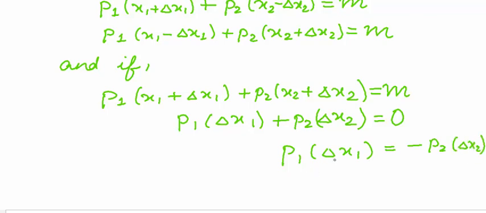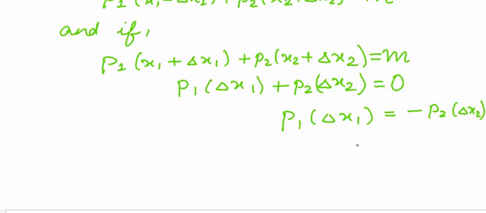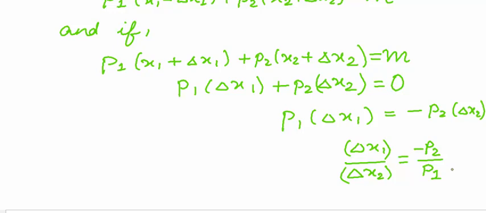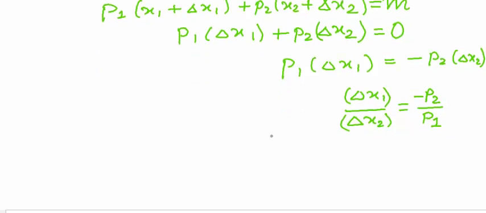Again, here we can write delta X1 by delta X2 is equal to minus P2 by P1. Or we can write delta X2 by delta X1 is equal to minus P1 by P2.